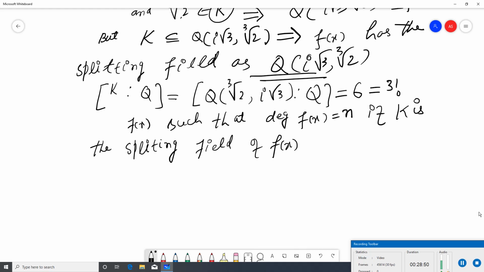We shall prove that the degree of extension of K over F is at most n factorial. So these are the two results that we are going to prove in the next lecture. So we stop this lecture here.